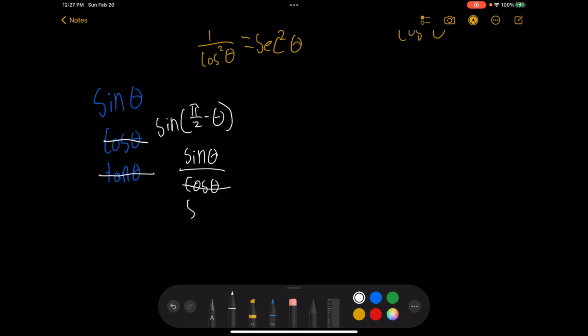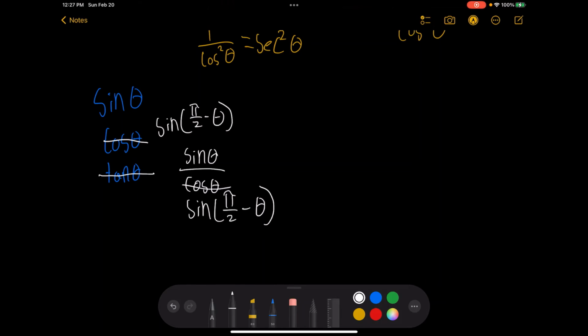So, really, we can be discussing everything in terms of sine theta. If you want to be technical, how many trig functions are there? There's only one, because they can all be expressed in the form of sine theta.